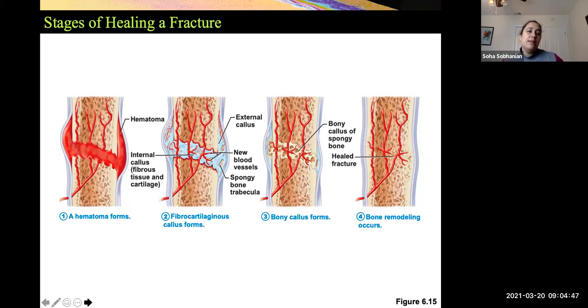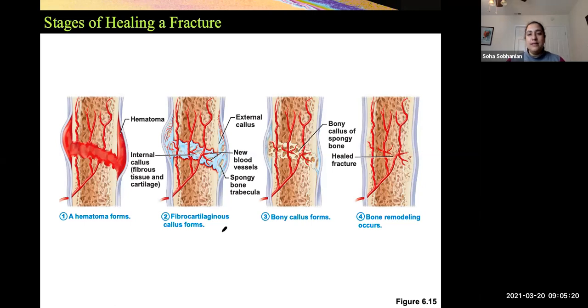Now, as the bone starts to heal itself, the first thing it's gonna do is form something called a fibrocartilaginous callus. If you guys recall, fibrocartilage is one of the hardest cartilages that we have among the 3, or it is the hardest actually. So what you see in this blue color, that's your callus of fibrocartilage starting to form, basically setting up the lines for what the bony tissue eventually becomes.